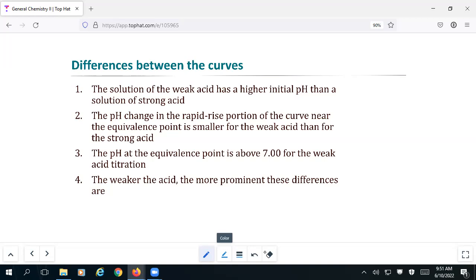The pH at the equivalence point is going to be greater than 7 for the weak acid titration. And this is just a general statement here at the end. The weaker the weak acid is, the more prominent these changes are going to appear. If you've got a weaker weak acid, it's going to start at a higher pH. Its pH at the equivalence point will also be higher because its conjugate will be more basic.